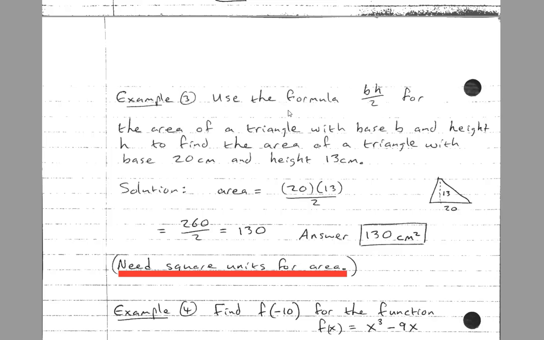Example 3. So this is similar. We're just calling the algebraic expression a formula. Use the formula BH/2 for the area of a triangle with base B. The length of the base is B, the height of the triangle is H. Find the area of a triangle when the base is 20 centimeters and the height is 13 centimeters.